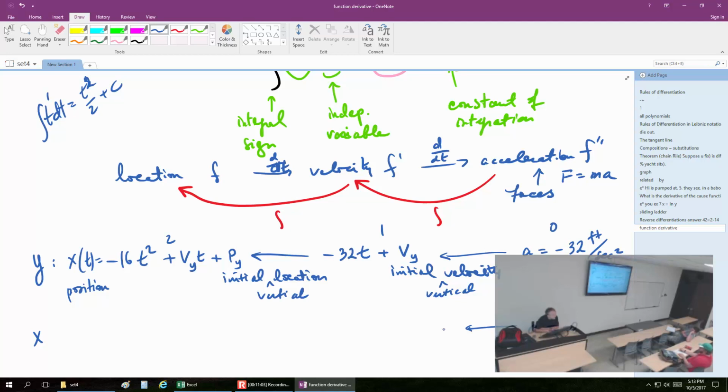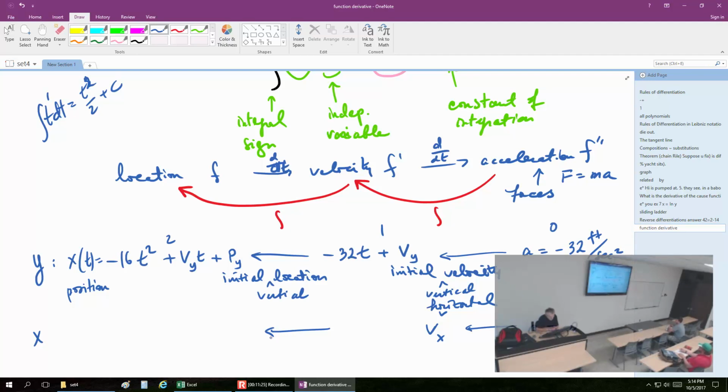Is it a constant? It is a constant, yes. And I put here a constant function. I put here v sub x. So that is the horizontal initial velocity.